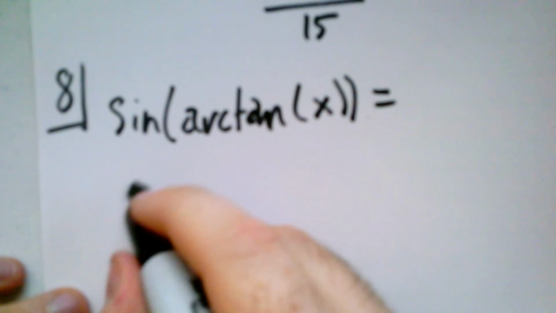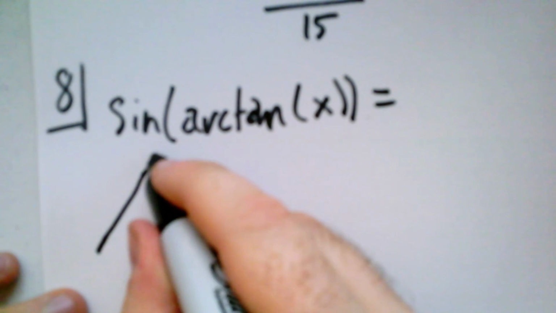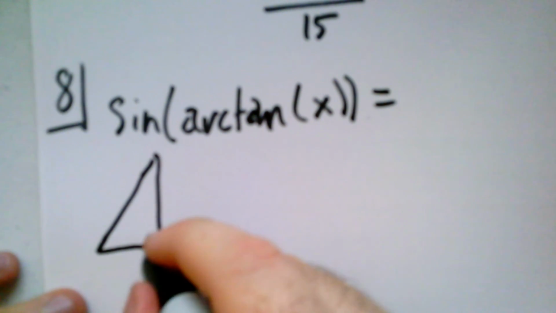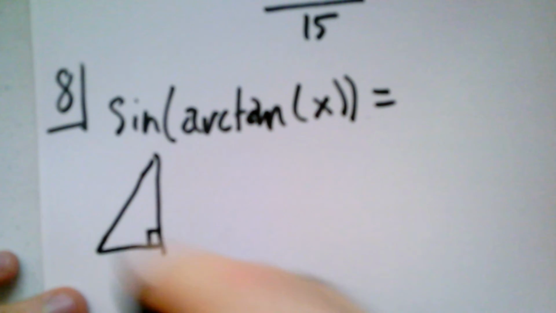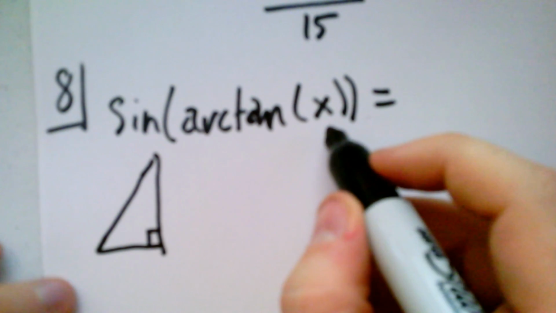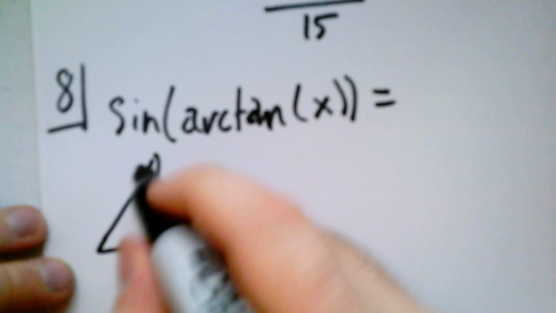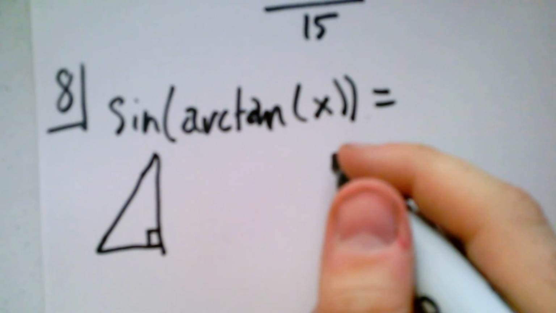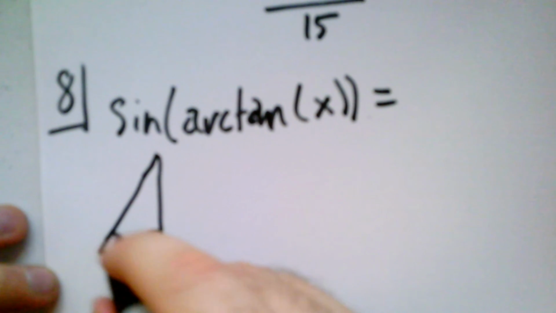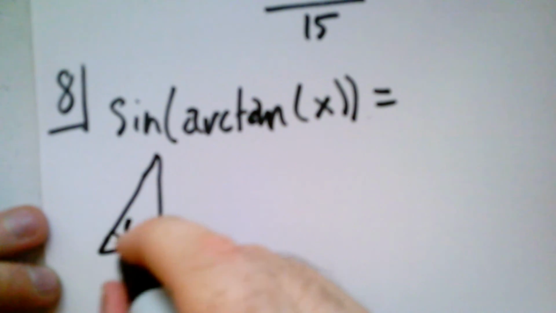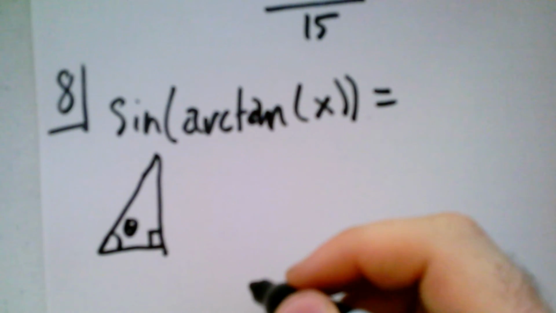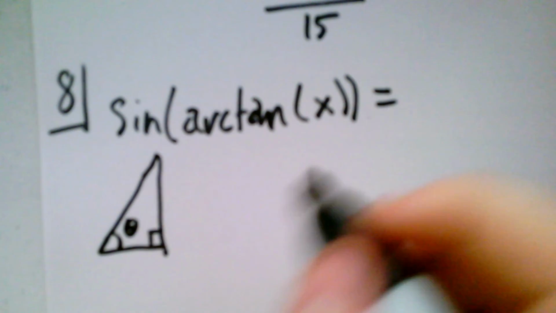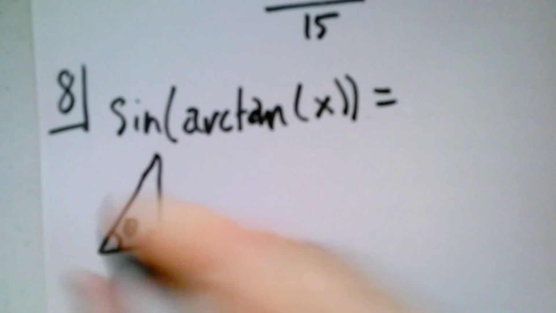The first thing to do is we want to draw a triangle. And we know that arctangent takes in a ratio of sides and spits out an angle. So this is the angle it's going to spit out. But we need to know what ratio between the sides is equal to x.